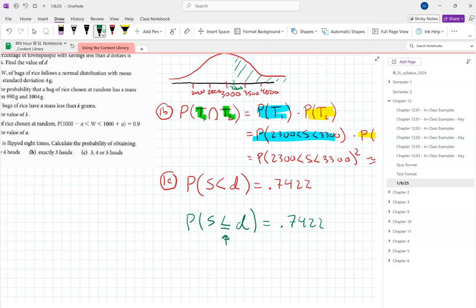Okay? It'll only do less than or equal to's. Now, in our problem, we wrote less than. But the calculator is only going to do less than or equal to. What do I need to do to resolve that?